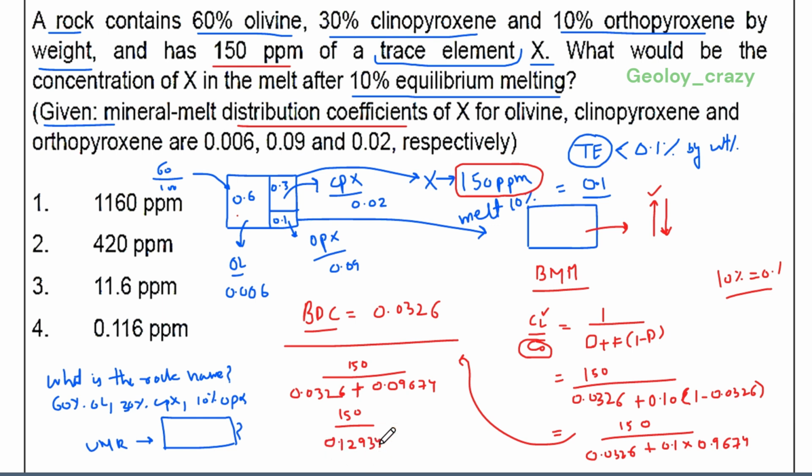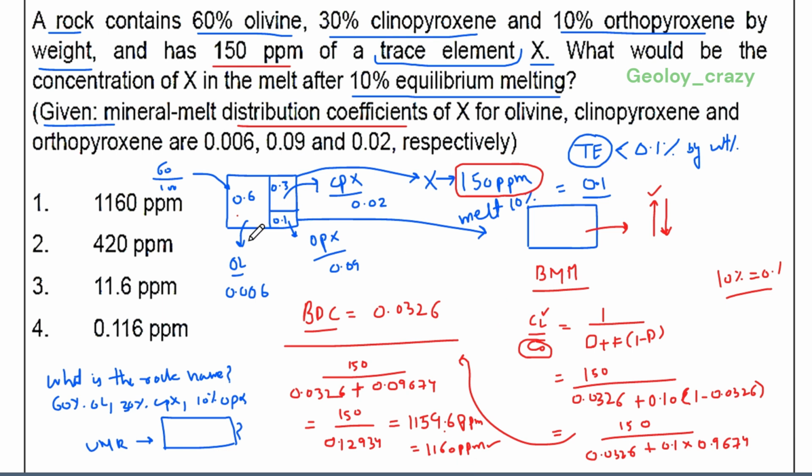Okay, and after dividing these two values, we will get 1159.6 ppm, and approximately 1160 ppm. So in this way we will calculate our answer.